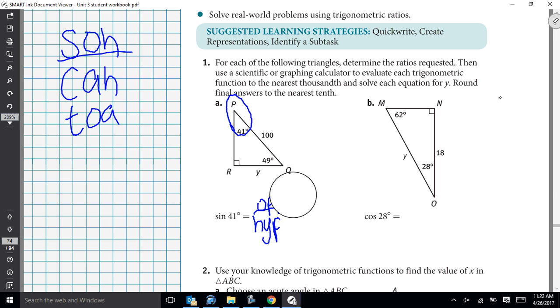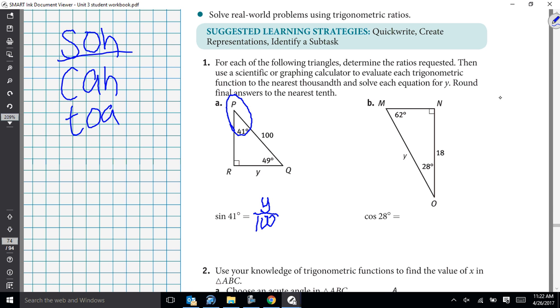Yes. We have y divided by 100 on the right-hand side. Sine of 41, is that special in any way? No, it's just some decimal. Your calculator will happily tell you what it is.